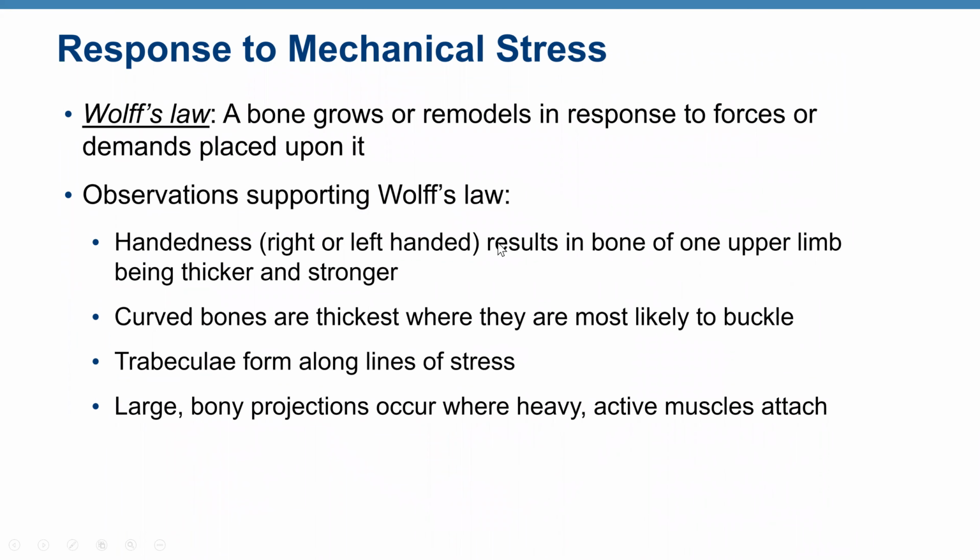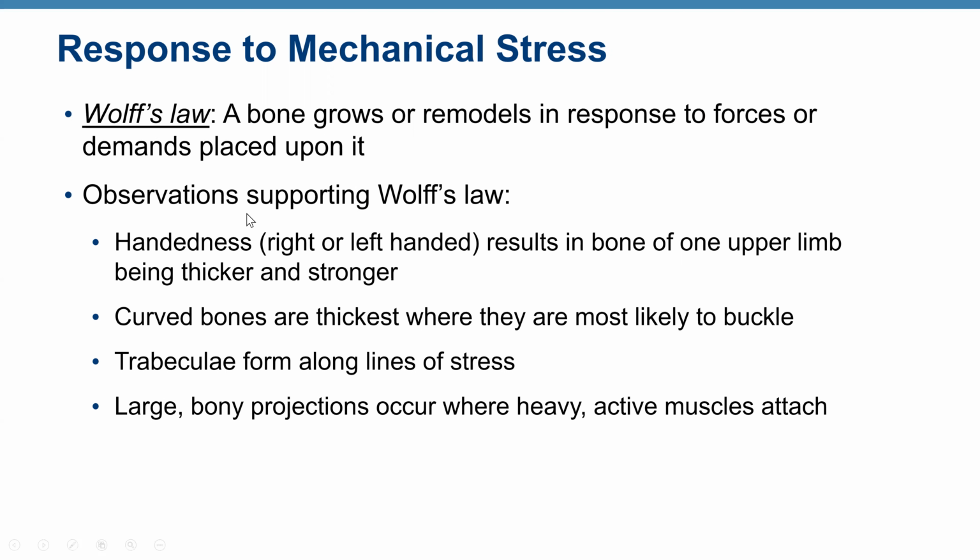Response to mechanical stress. A bone grows or remodels in response to forces or demands placed upon it, and it's called Wolff's law. Now that means that if you, for example, go to a gym and start weightlifting, if you put lots of force on your bones, they will grow thicker.